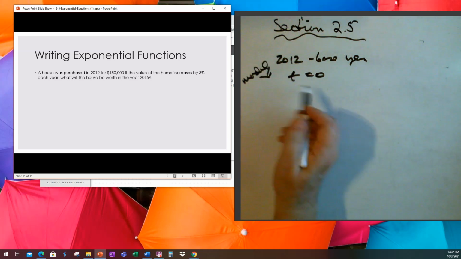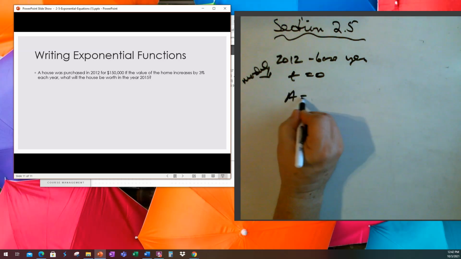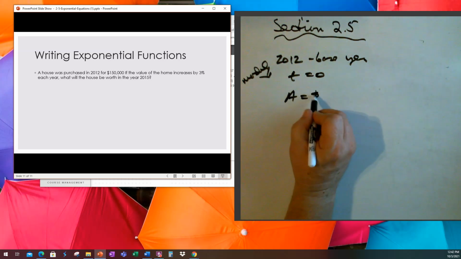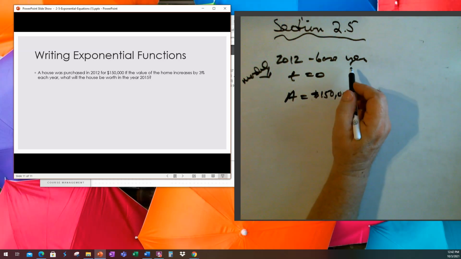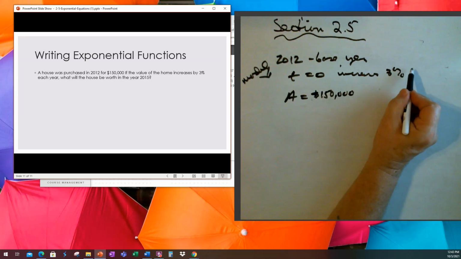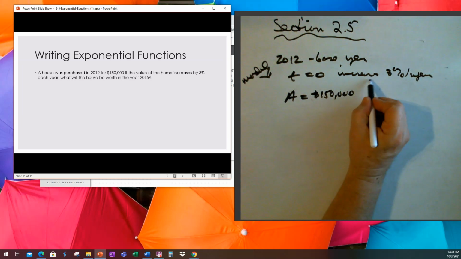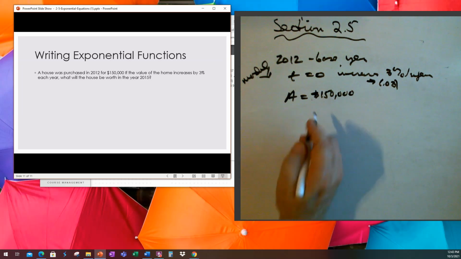Our house was purchased for $150,000, so the amount it's going to be worth is $150,000. It increases 3% per year, so this is 0.03 that we're going to deal with.